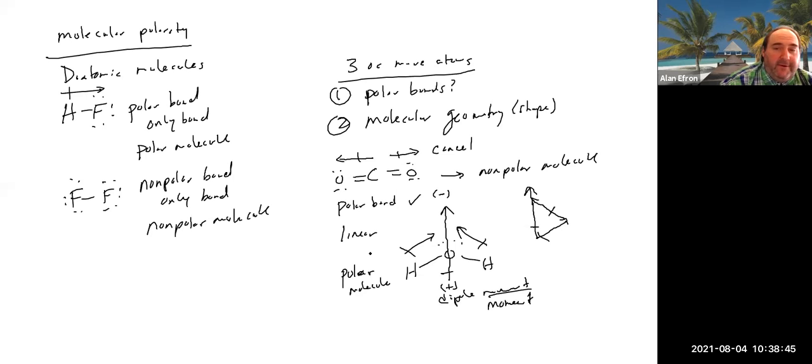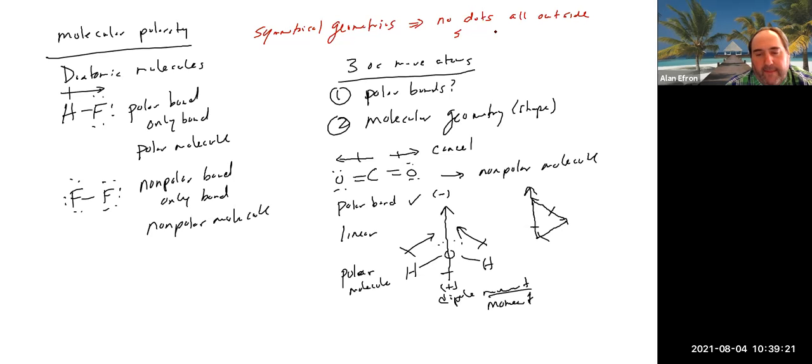Now, you could try to visualize what's happening, but there is a shortcut to figuring out molecular polarity. If you draw your Lewis structure and you get one of those symmetrical geometries, where you have no dots on the central atom and all the outside atoms are the same, that would typically be a non-polar molecule.